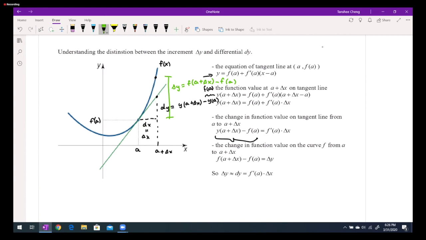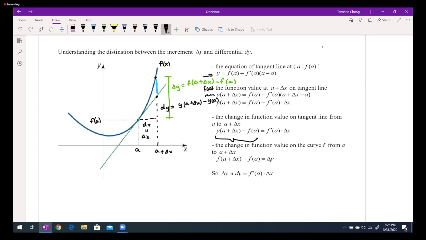So you can see that there is a gap between this dy, the differential of y, and delta y. Here's the gap that we are talking about. And if you can minimize that, then our approximation will be better. So now what I can talk about is the change in the function value on the curve of f from a to a plus delta x.